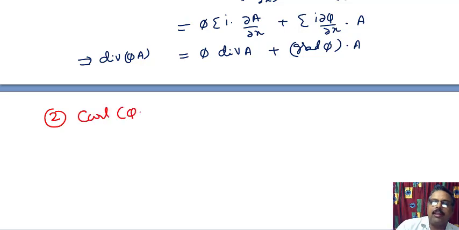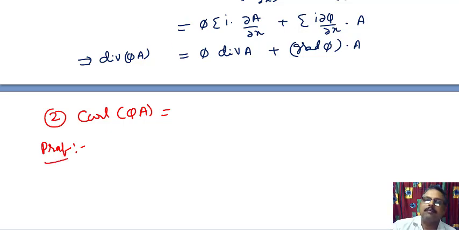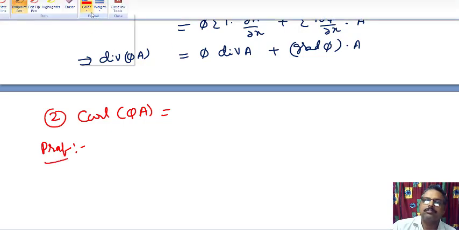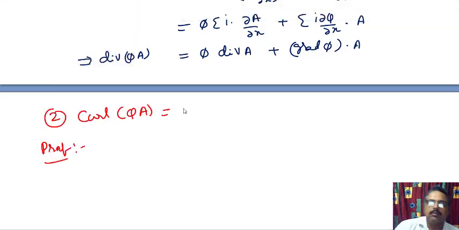Curl of phi A, like our previous result. I will explain one by one. First I will explain the proof, then I will write the statement. Curl phi A, what is the sigma notation?